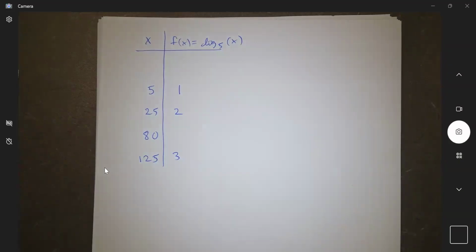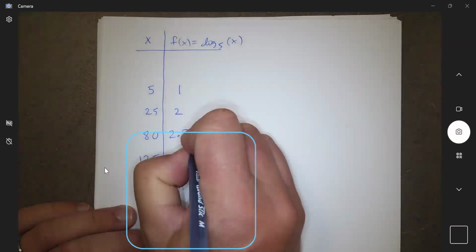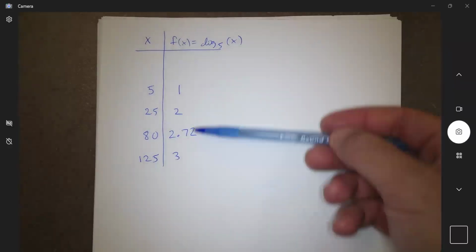There is a number, which is 2.72 approximately. So the outputs of your function don't have to be whole numbers.